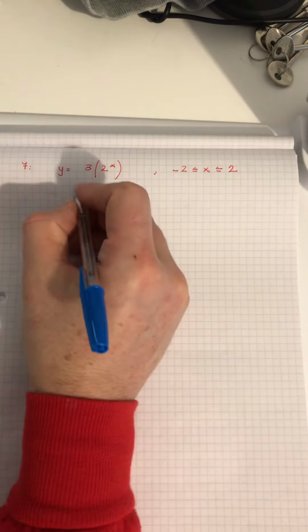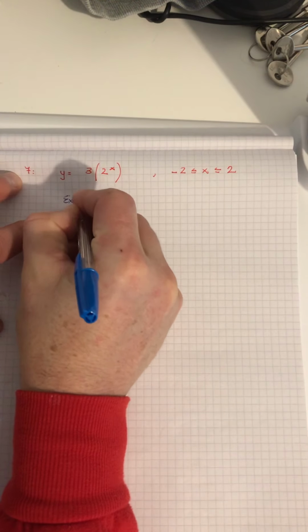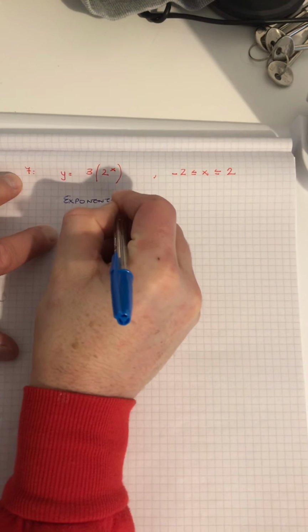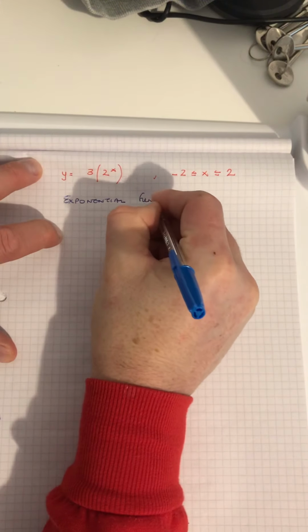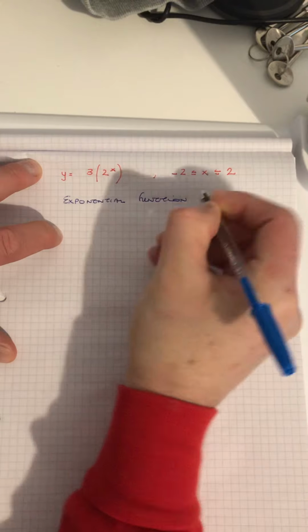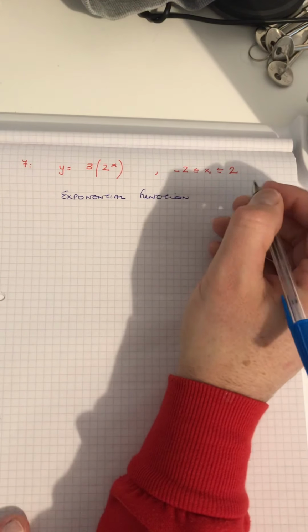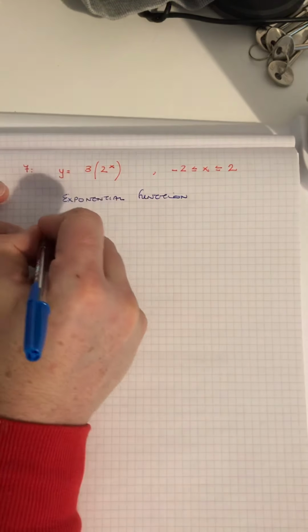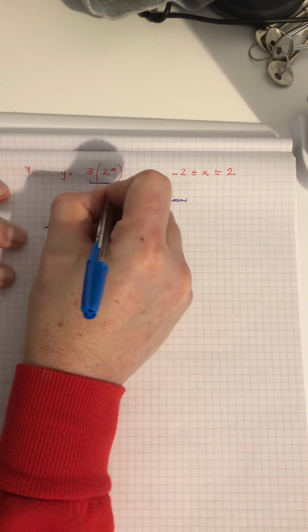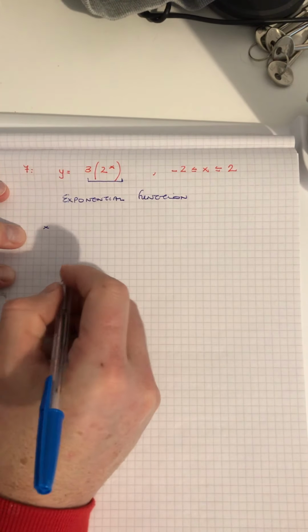So here you have another exponential function again, between -2 and 2. So we have our function 3 times 2 to the power of x.